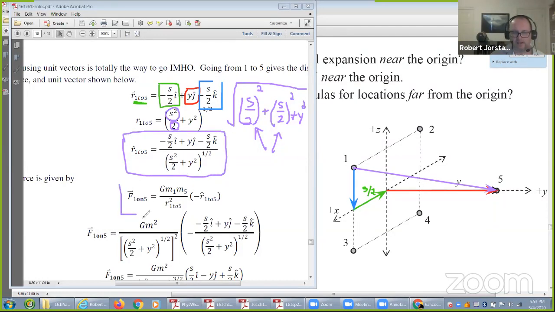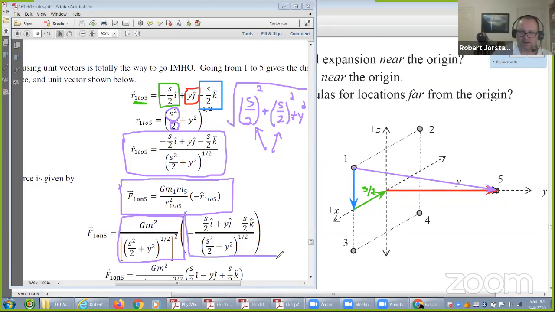So then I plug it into the force equation, and every problem looks the same if you get used to this style. It doesn't matter whether there's numbers, letters, or whatever. There's a weird space bar issue or a font size I've got to fix up there, but whatever. Now I just plug it in. There's the magnitude.